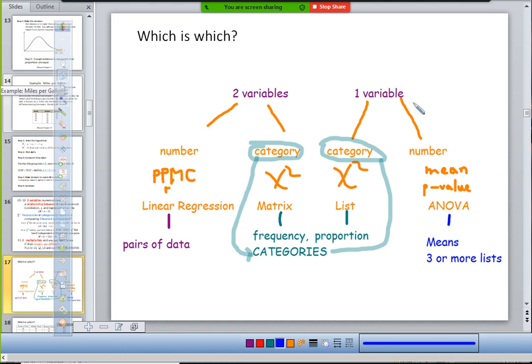If I ask you just your height, and then I try to figure out what group you're in, so you're a student, or a teacher, or neither, and I'm comparing those heights, then that would be ANOVA. But if your data is categories and it's two variables, then that's a chi-squared matrix. If it's just one categorical variable, then it's a list.